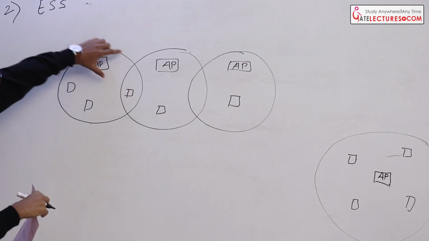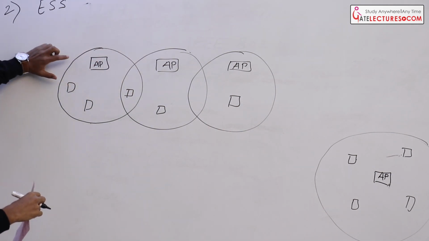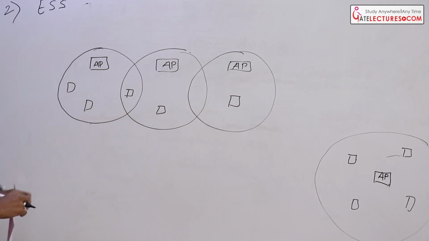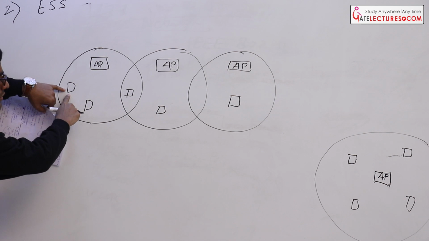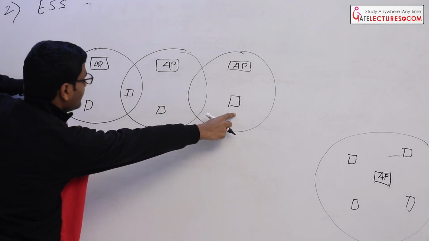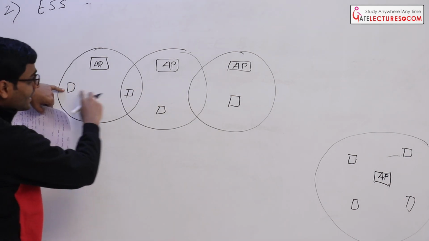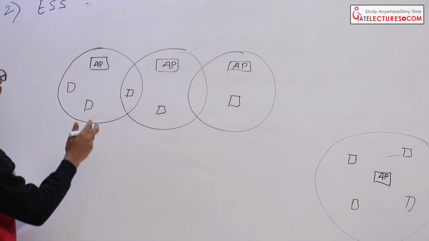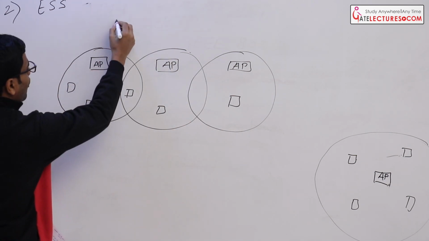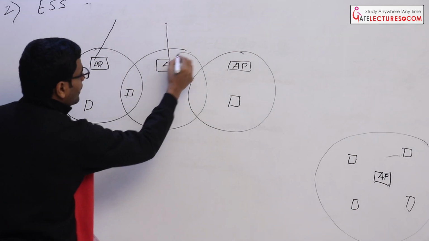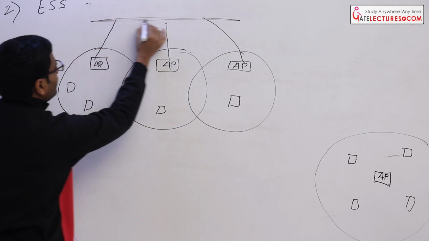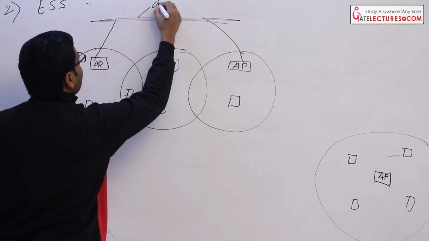This circle is one BSS, and these nodes can communicate with each other wirelessly. But what if this node wants to communicate with that node? Since this node cannot communicate with that node because it is outside its range, what we can do is connect all these access points to each other with a wired network, which we call a distributed system.